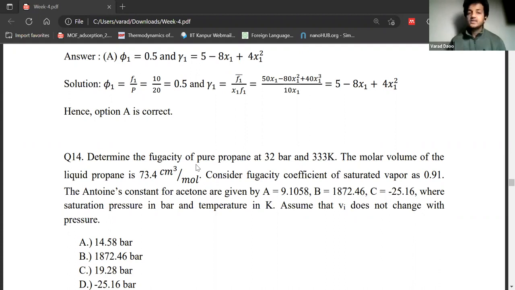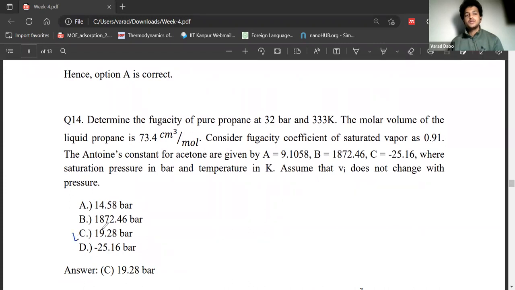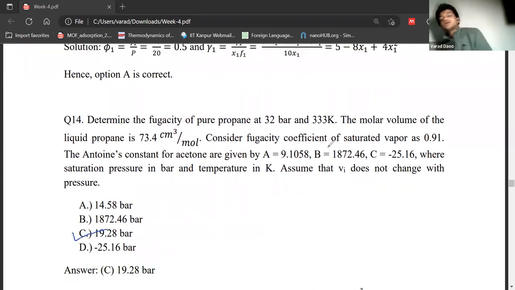So anybody got any answer? The correct answer is option C, 19.28 bar. Anybody got it?